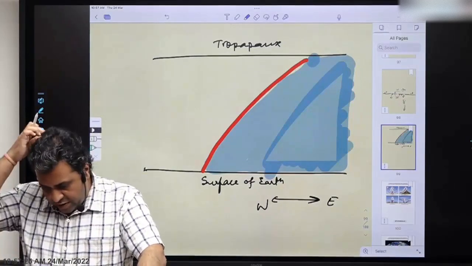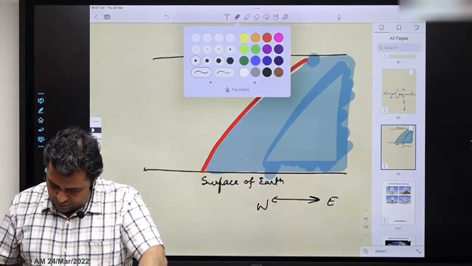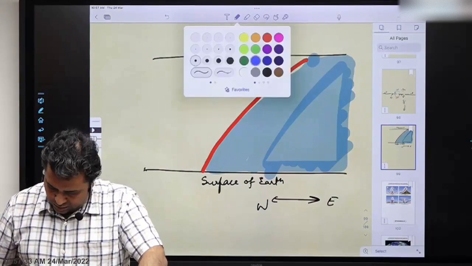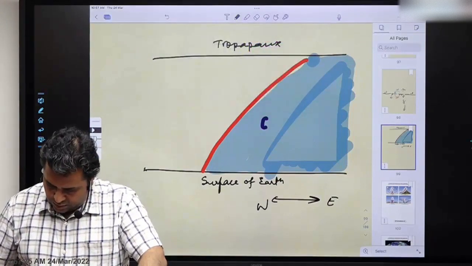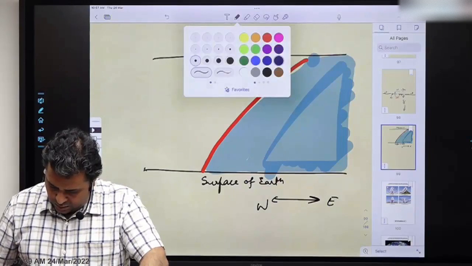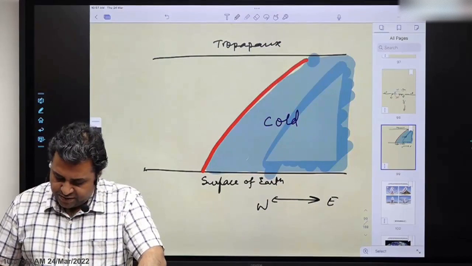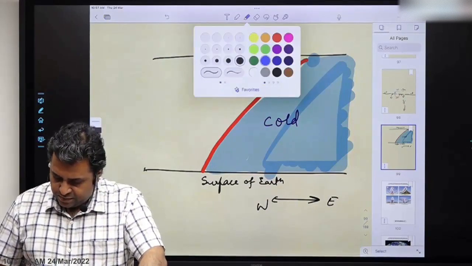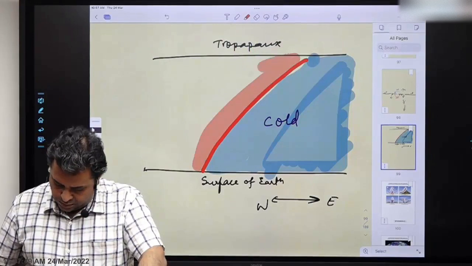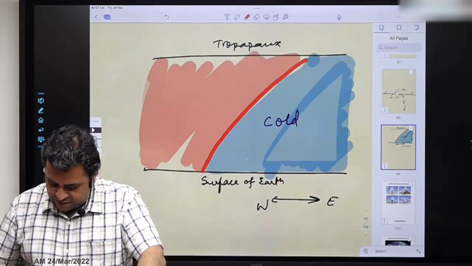Right, so this is the cold air mass, and the other side you have the warm air mass, something like this.